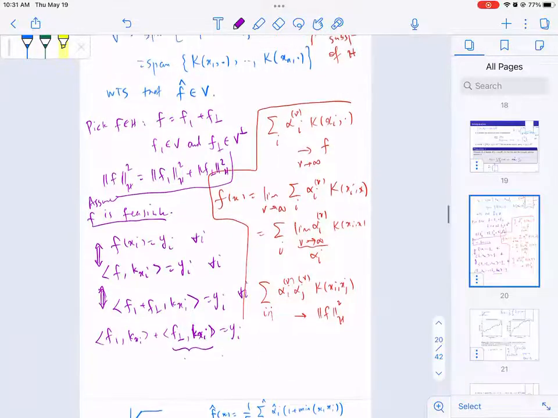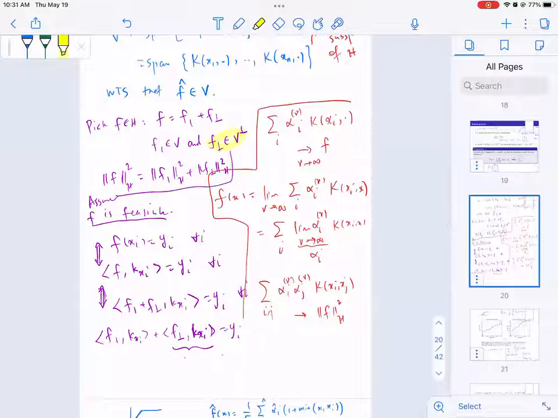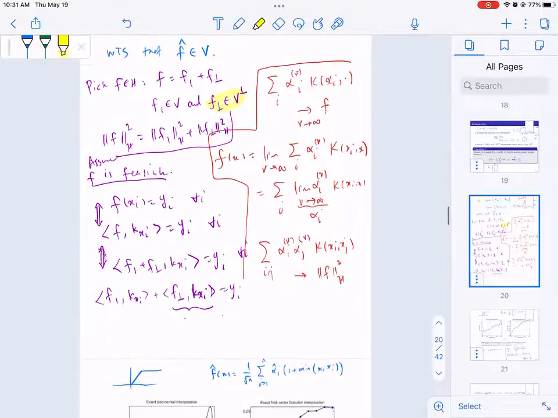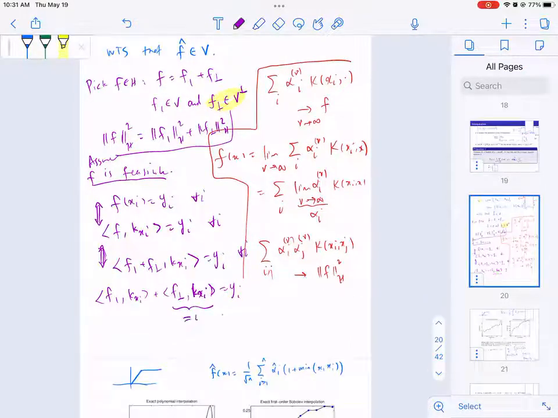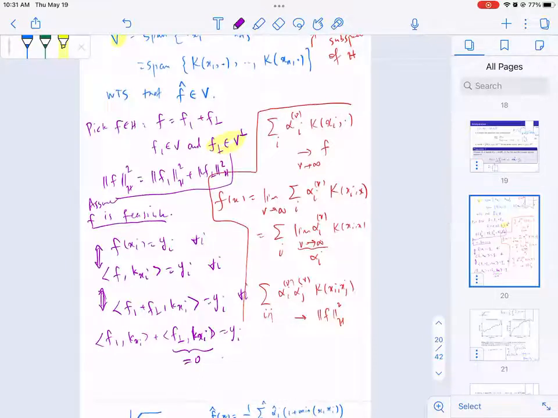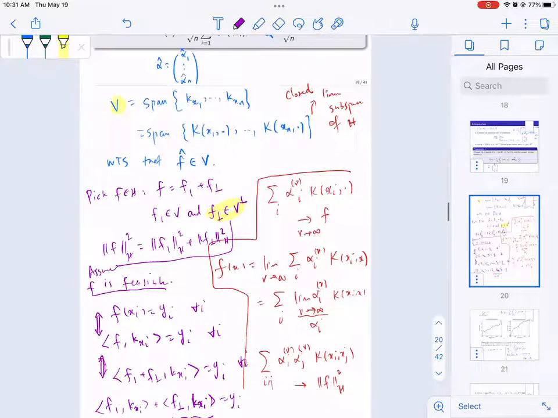Remember, f perp belongs to V perp, and V is this. It's 0. Why? Yeah, so k(x_i) is in the span of k(x_1) up to k(x_n), and that's V, and we know that f perp is in V perp, so it has to be orthogonal to all of them.